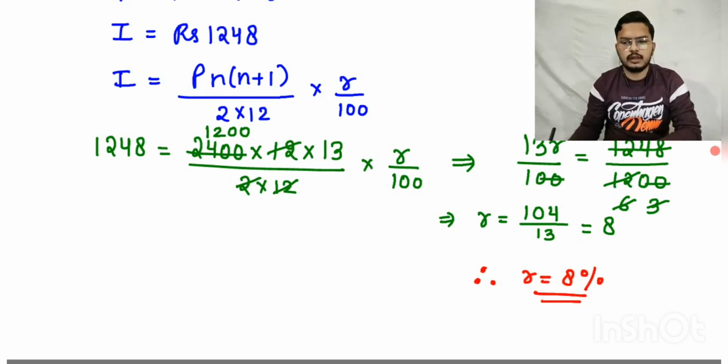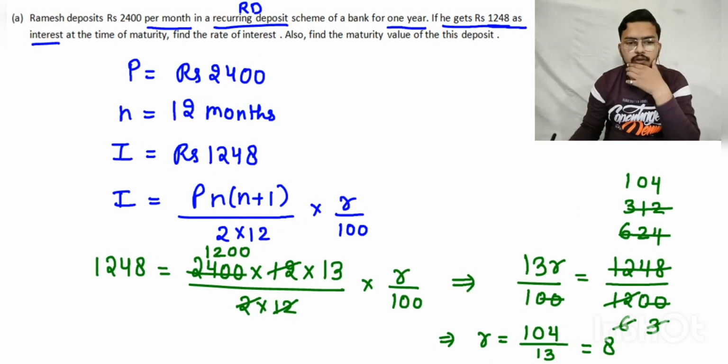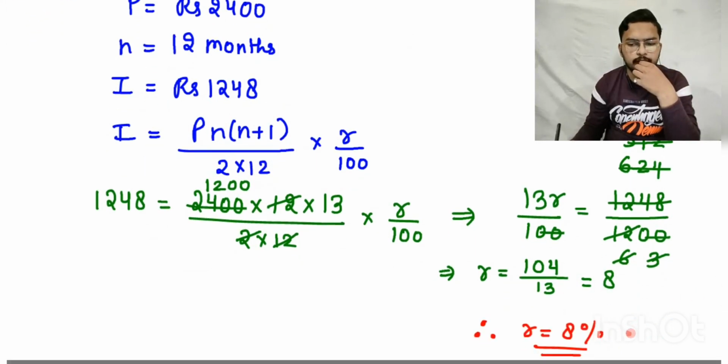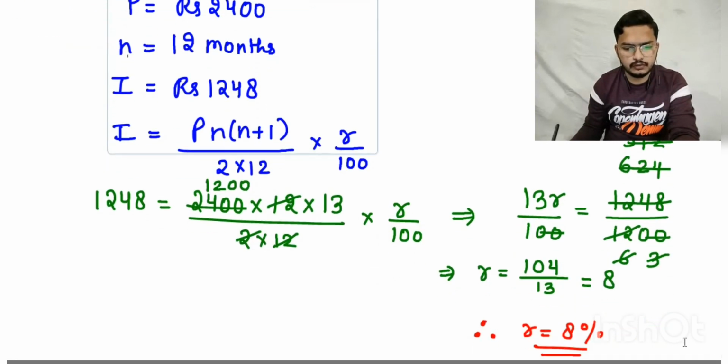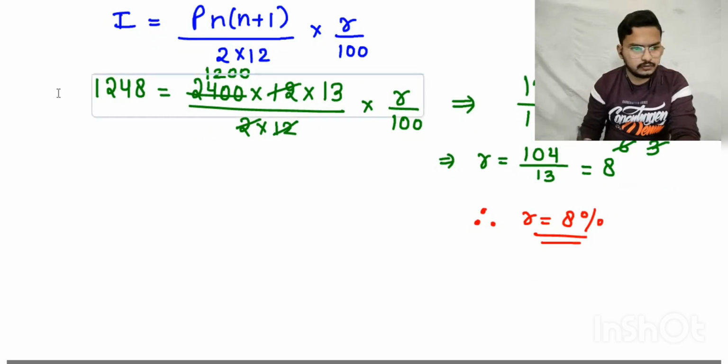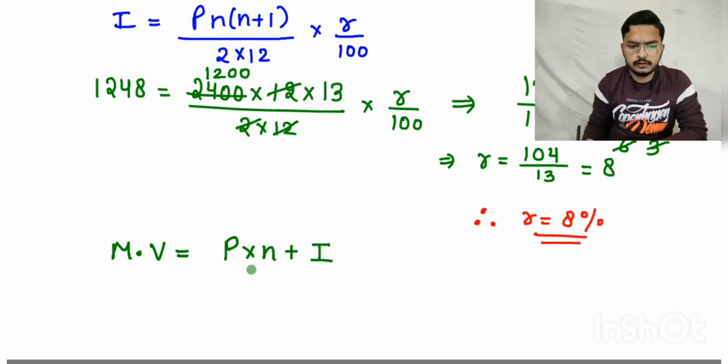Clear? So that is the simple calculation in this particular question for finding the rate of interest, and also we have to find the maturity value. And you all know how to find the maturity value. Maturity value is easy to find. So just look here, we know the formula for the maturity value, that is P multiplied by n plus I, that is interest, and that is principal amount multiplied by n.